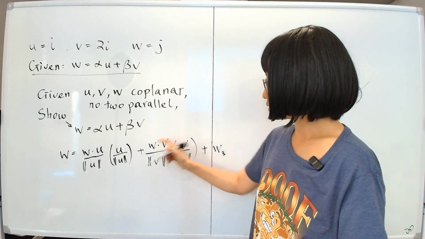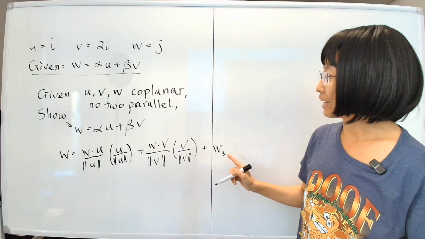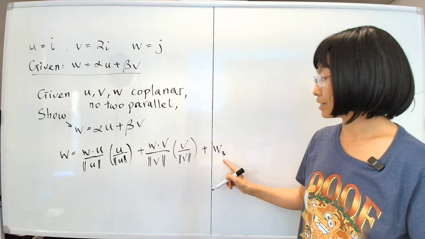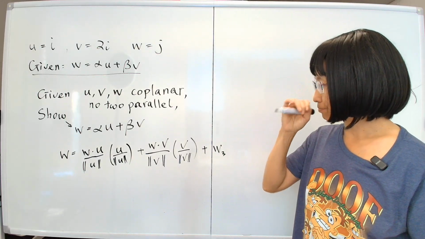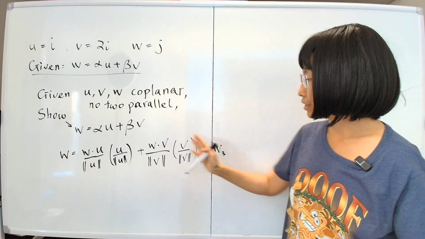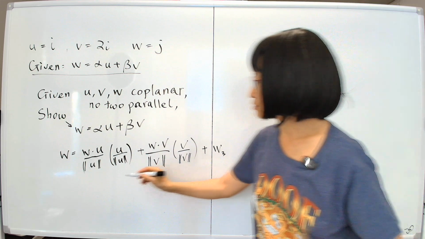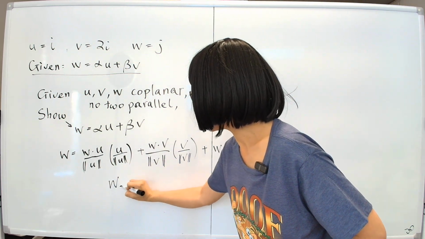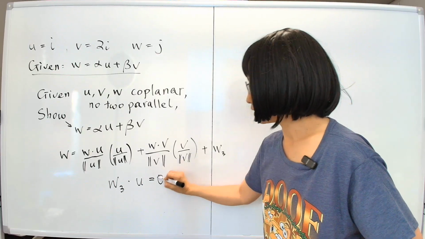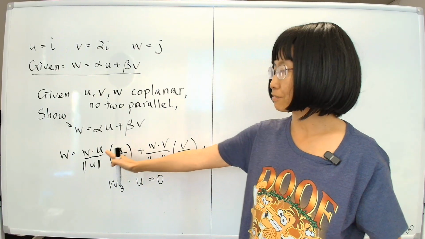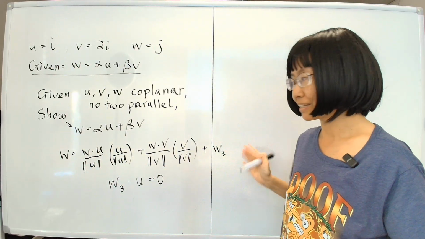Anyway, so then we did that, and then let's assume there's something left over. It isn't just this, there's some other part, and we're going to prove that this part is 0. Now, how are we going to prove that? The projection has already done the dot product, right? So W3, which was left over, has this property: if you dot it with U, it will be 0, because we already dotted with U, and we have it all here, so there's nothing left.